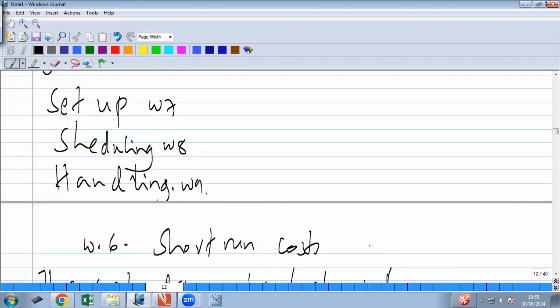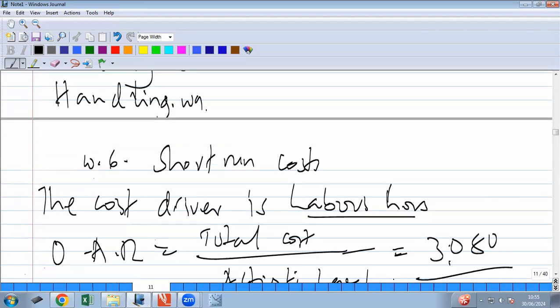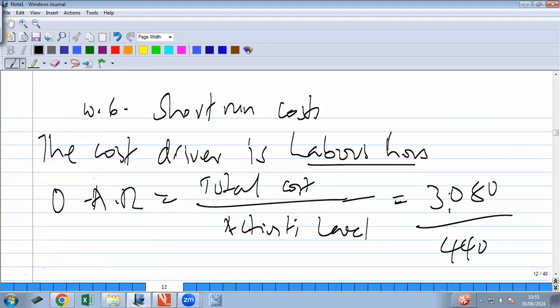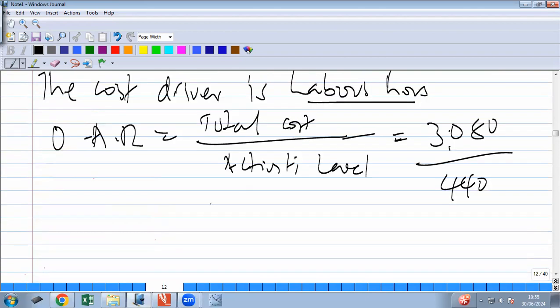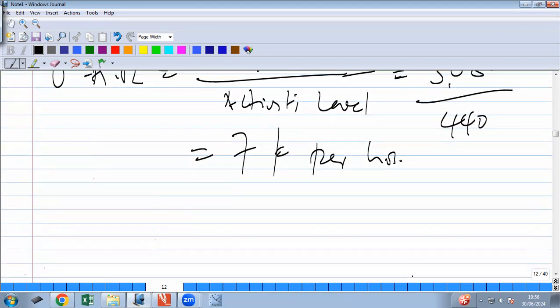Did we add them? 440. You know how we're getting 440? We computed this somewhere there, right? Therefore, we find now this overhead absorption rate, $7, right, per hour.